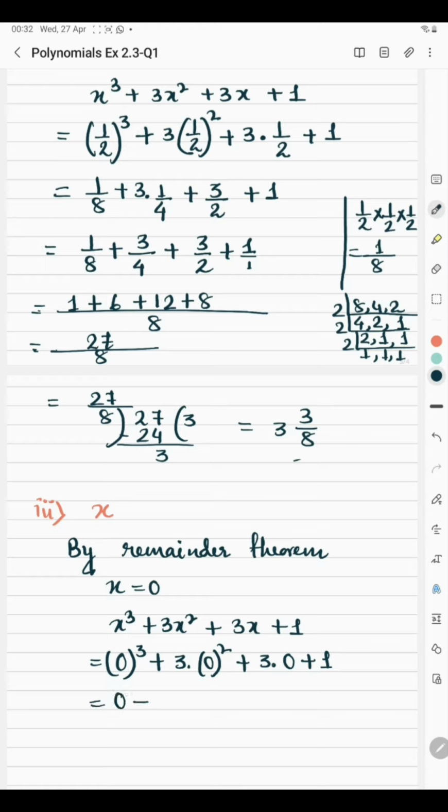So it's 0, plus 0 square means 0 into 0, which is multiplied by 3, so it's 0, plus 3 multiplied by 0 is 0, plus 1. So 0 plus 0 plus 0 plus 1 is 1. So if you divide x cube plus 3x square plus 3x plus 1 by x, we'll be getting 1 as remainder. Okay, so this was all about number 1. Thank you, students.